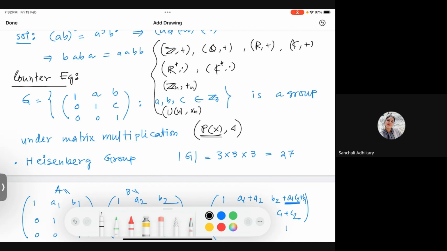And there is a famous example: the power set of X with respect to symmetric difference. This is also an abelian group, and for this group, one thing you have to remember: for every element A belonging to the power set of X, A symmetric difference A is equal to the identity element. Can you say what the identity element of this group is? Anyone? Can you recall?